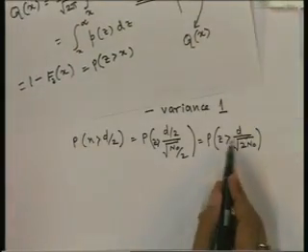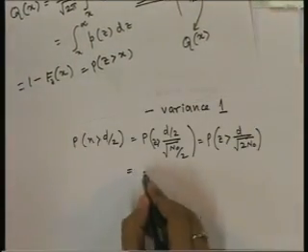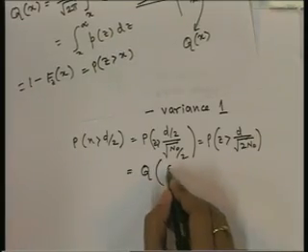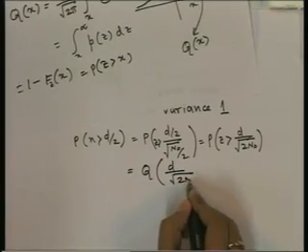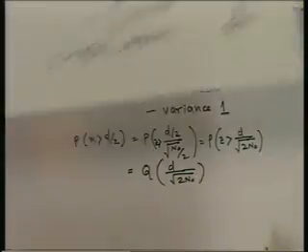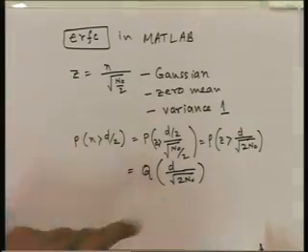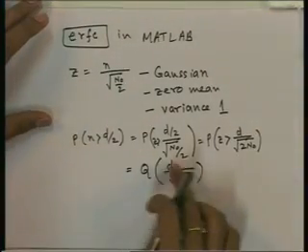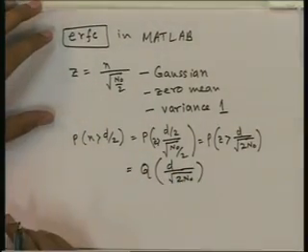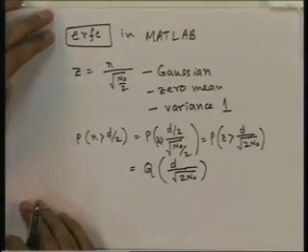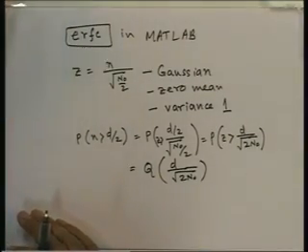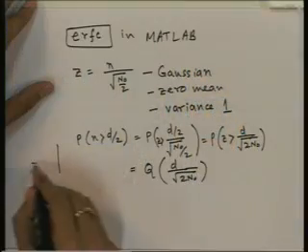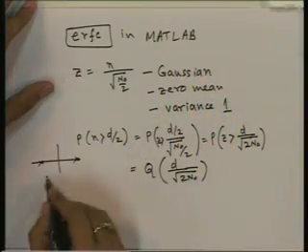So, probability of z greater than d by root over 2 N0 is nothing but Q of d by root over 2 N0. This can be computed in MATLAB, or a table for the Q function also exists. So, you can find this value and then find out the value of Q at that point. Okay. Now we have expressed this in terms of d, the distance between the points. This is d.